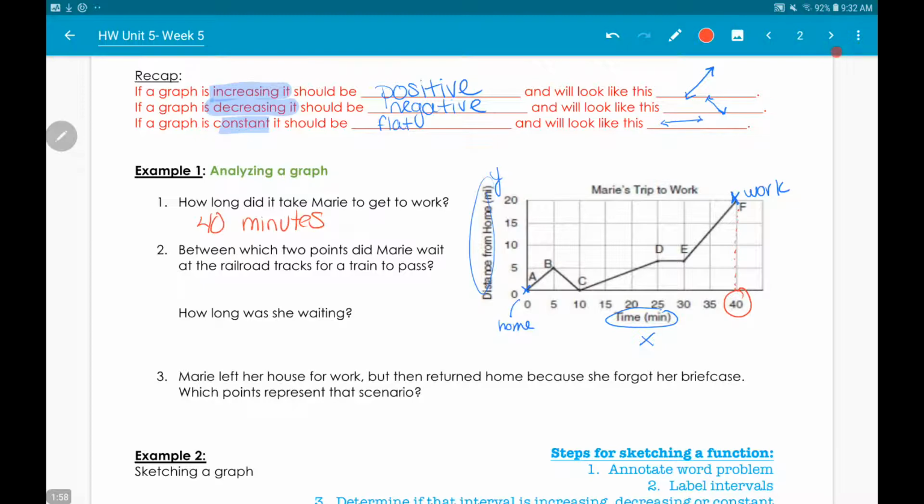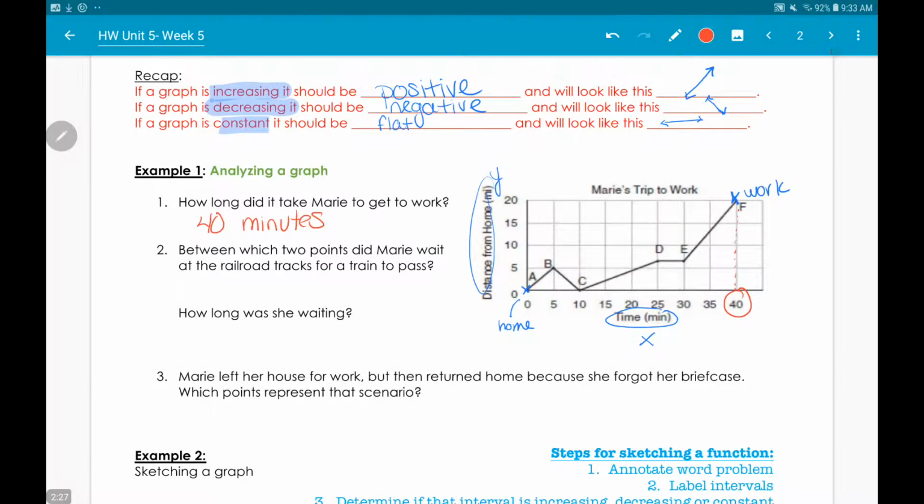Between which 2 points did Maria wait at the railroad tracks for a train to pass? Let's think about that. If I'm waiting for a train to pass, am I moving? No. And what does that mean about my distance? Is my distance increasing, decreasing, or staying the same? Your distance is staying the same. If I'm waiting for something, I'm not going back, I'm not going forward, I'm just staying there.